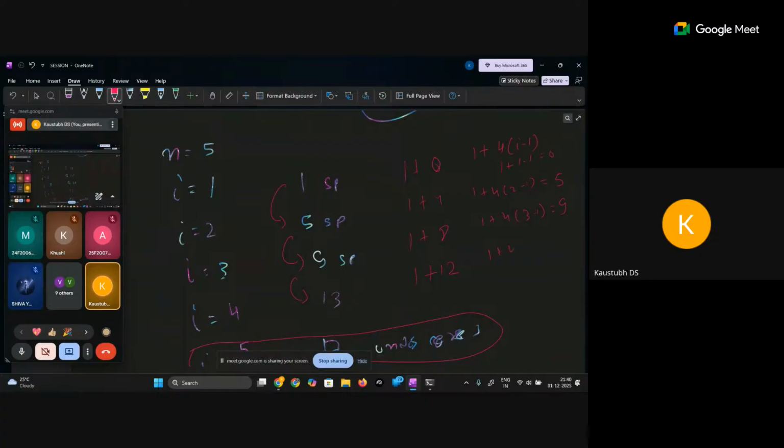And then 1 plus 4 times 4 minus 1, which is 13. So this is clearly what is happening, right? If we bring it down, we'll find that this is 4 times I minus 4 plus 1, which is 4I minus 3. Works?